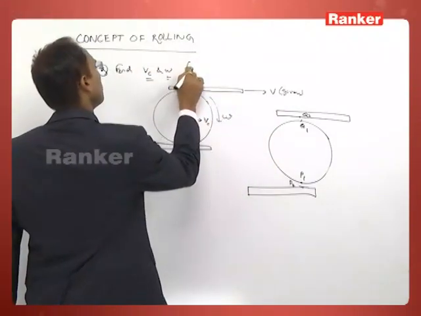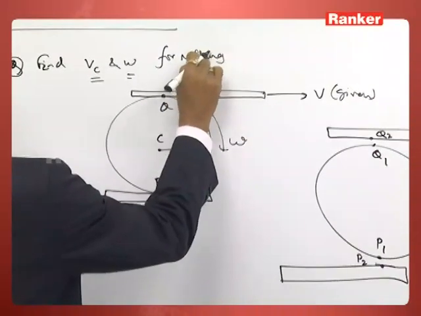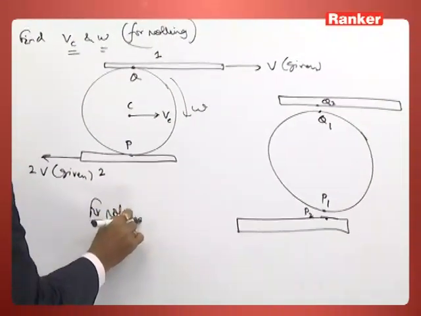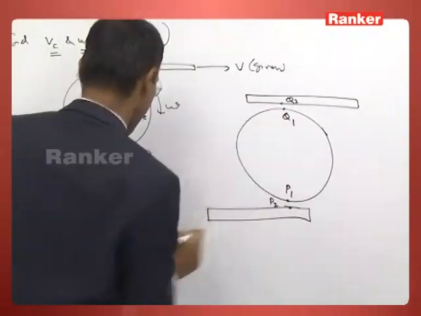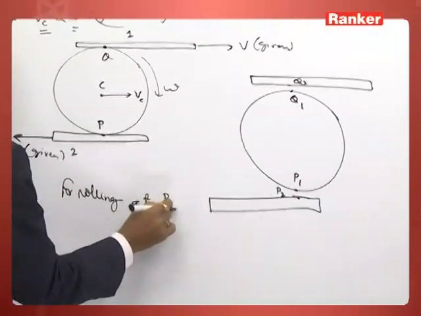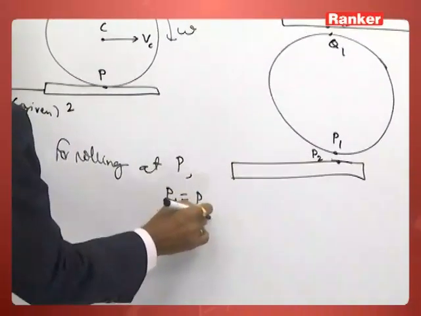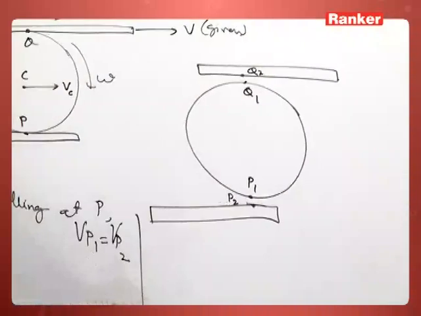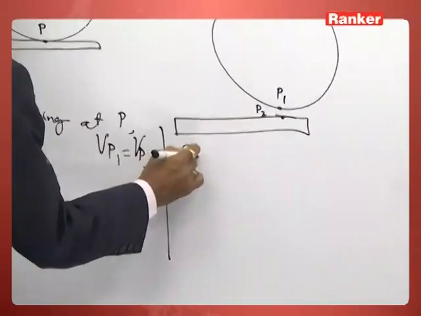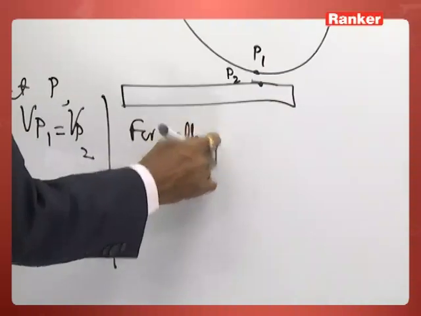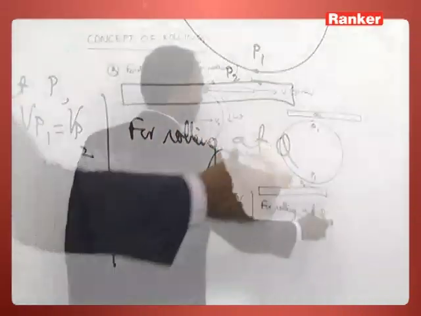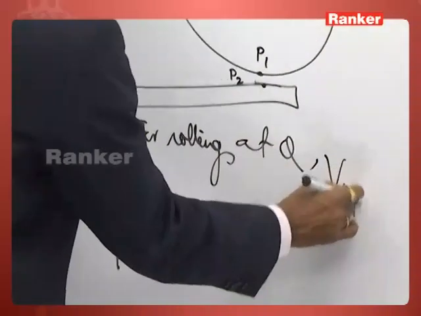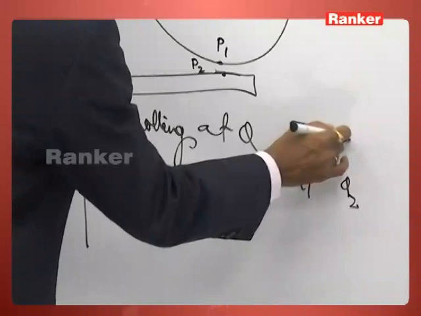For rolling, at P, these 2 points must have some velocity. For rolling at Q, these 2 points must have some velocities.